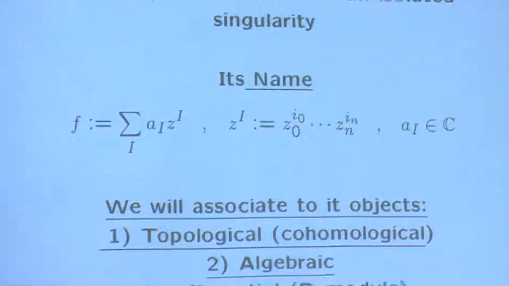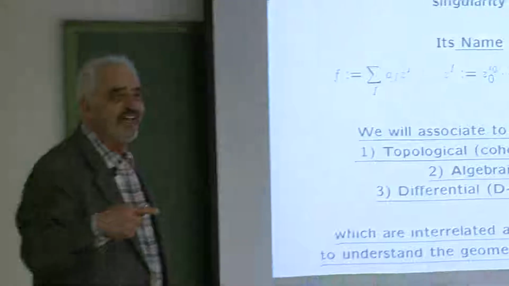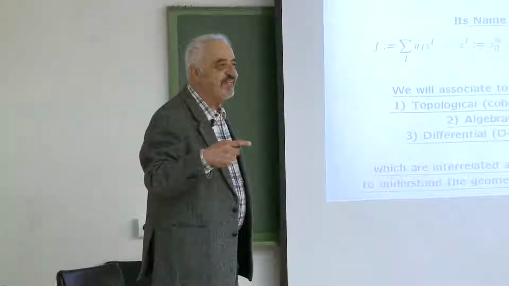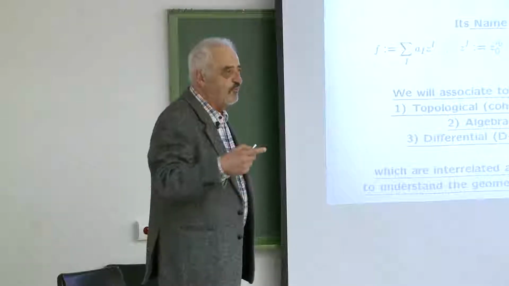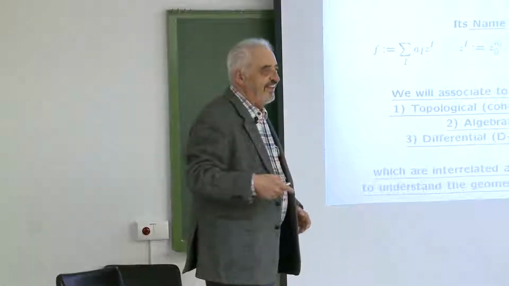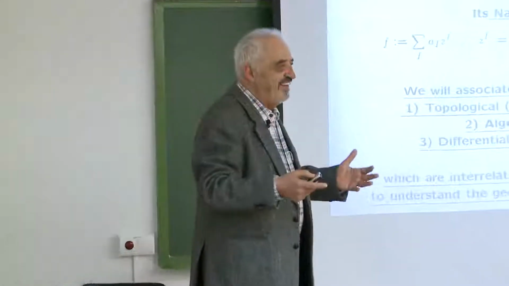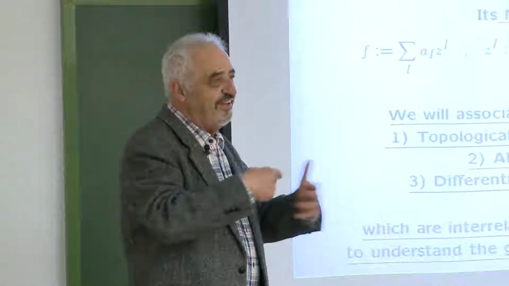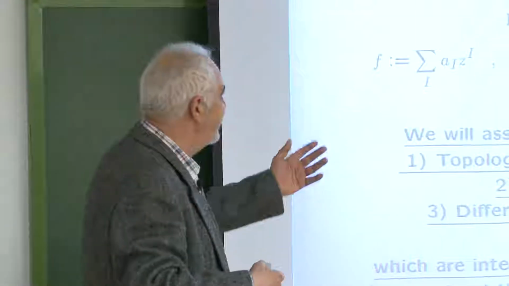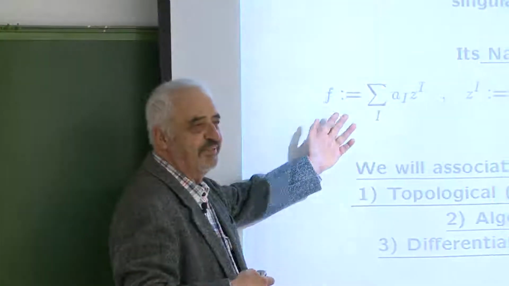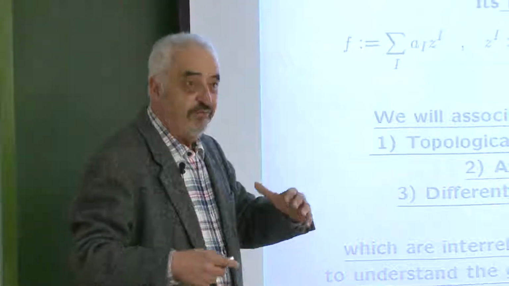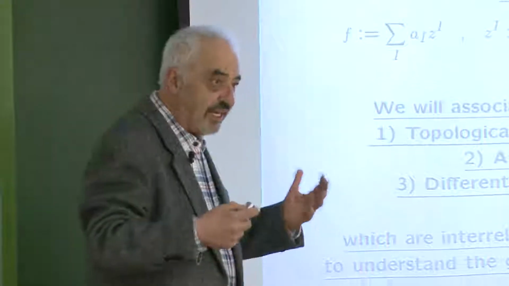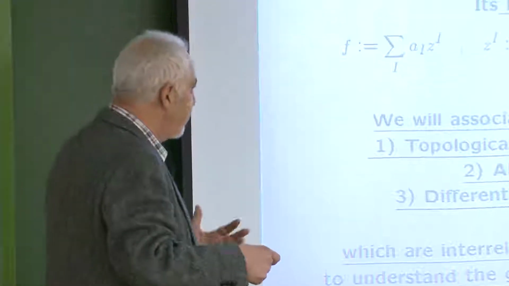Many people don't like mathematics because they don't understand the difference between the name and the object. In that sense, this is the name of a mathematical object, a beautiful mathematical object whose properties we'd like to understand.